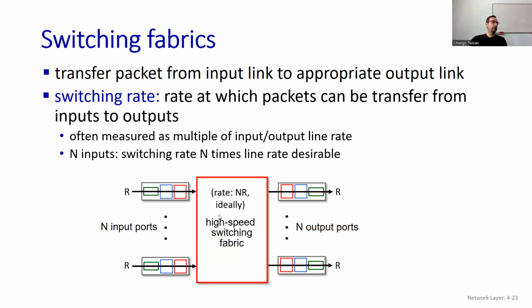This way you don't cause a slowdown, right? Because if there are N ports, you should switch in a very fast way so that it is at least N times the rate of the line, which is R. So ideally, it will be at least N times R. This is why we want to do it in nanoseconds.